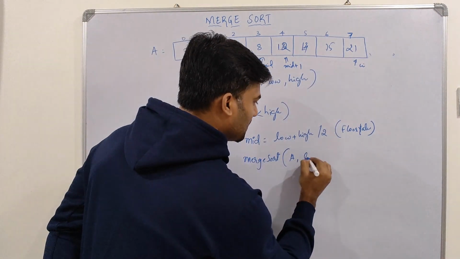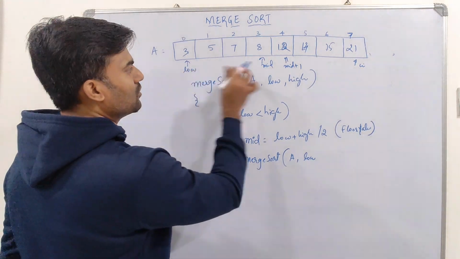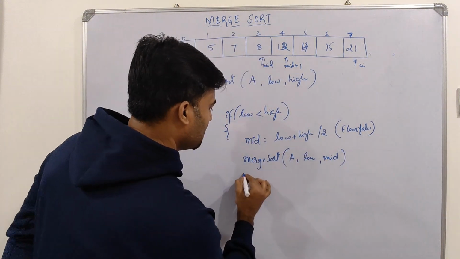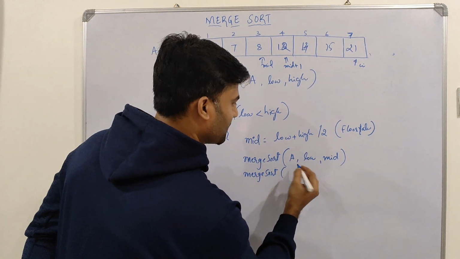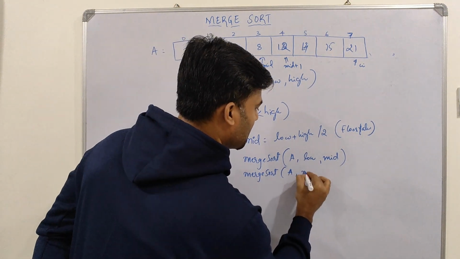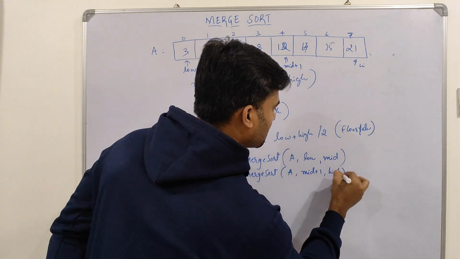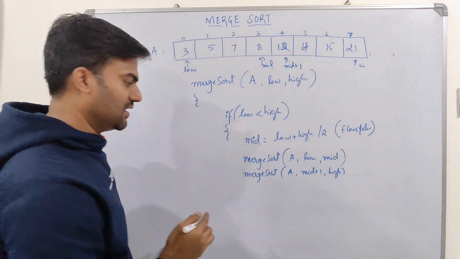So A, comma, low to mid, and again I will call merge sort on A and mid plus 1 to high. So from here to here, this is my second array.